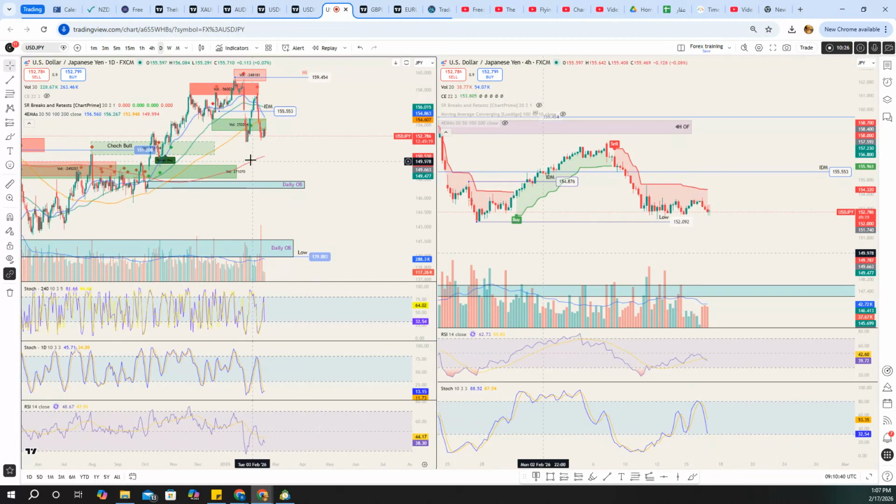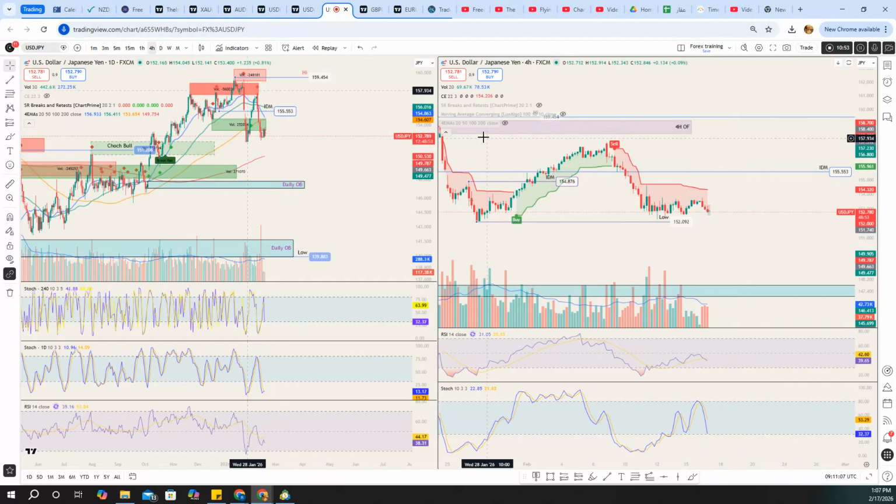The 100, the 50, and the 20 are above the price, but the 200 is below the price, and it is also below the support level, so we are fine. We will not have any danger from the 200 in this case.